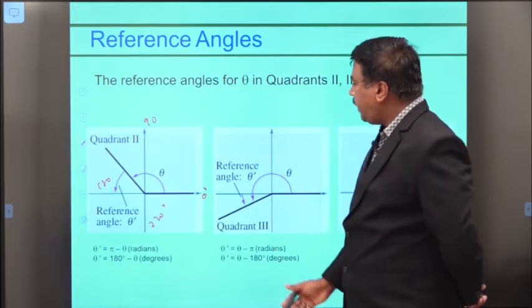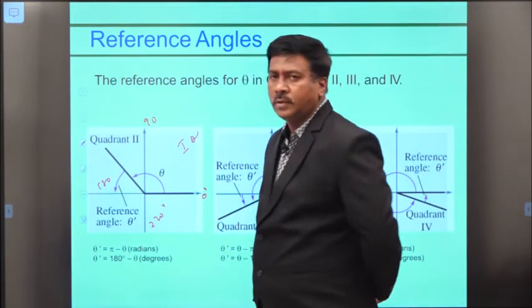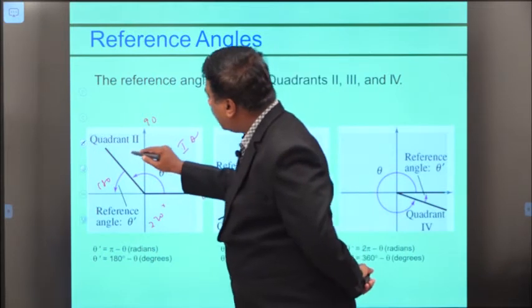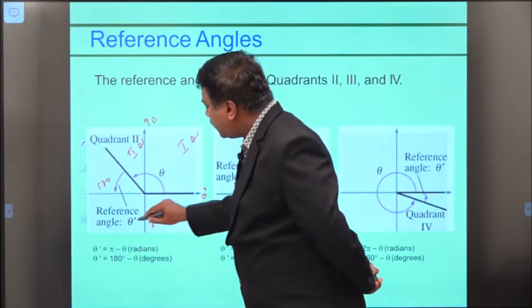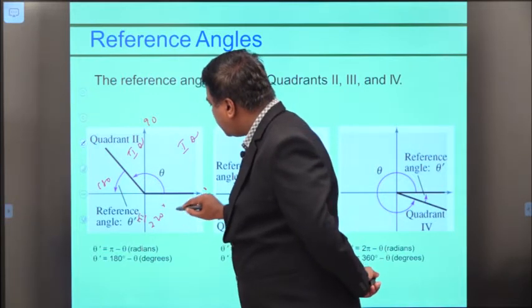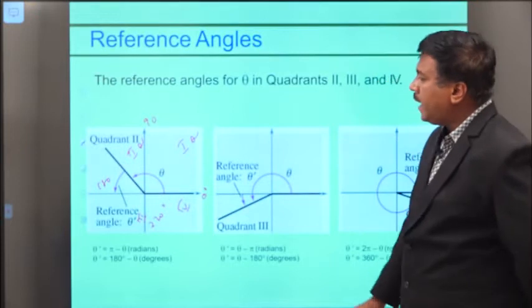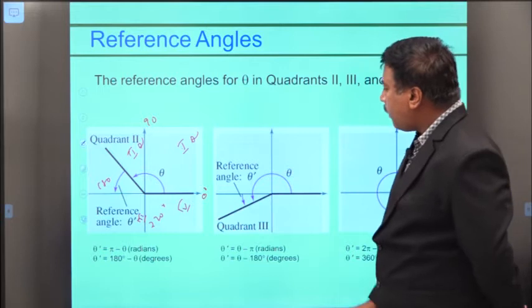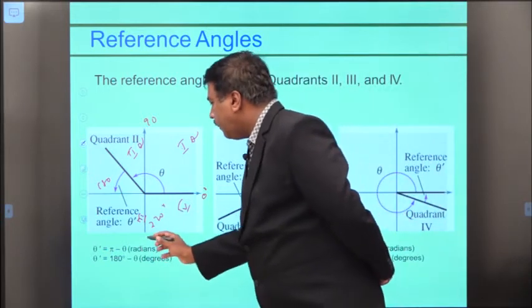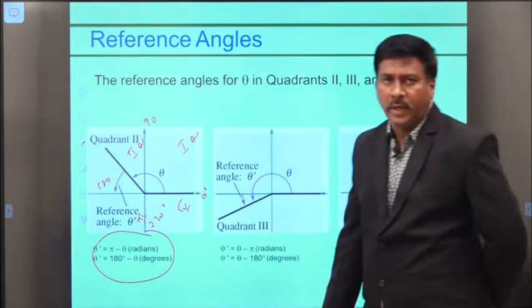Whatever the angle is between 0 and 90, that comes under the first quadrant. Then this is the second quadrant, this is the third quadrant, and this is the fourth quadrant. Reference angle means, if theta is in the second quadrant, then theta dash is equal to pi minus theta.